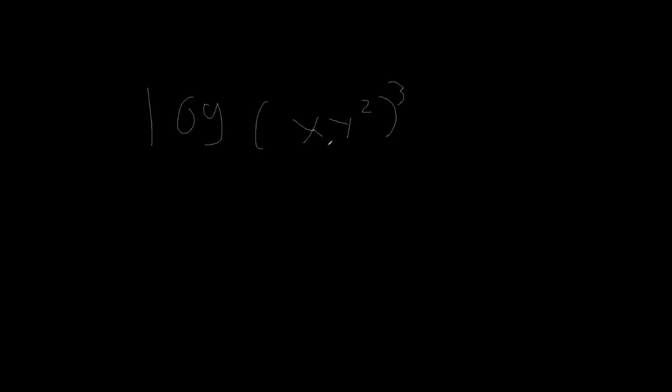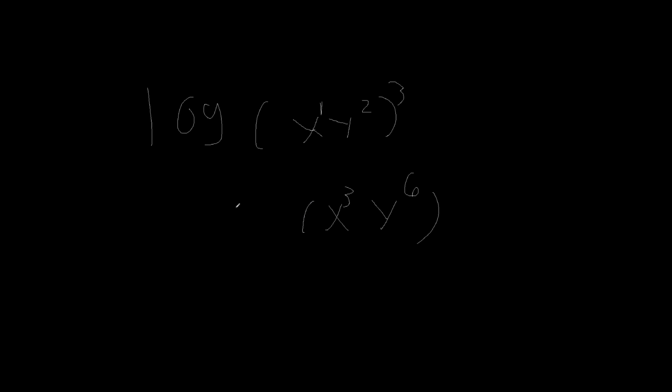Okay. Now, there's two things we have to keep in mind here. First of all, there's an invisible exponent here. So, remember, because we have a little exponent outside, we're going to multiply all the exponents inside. So, 3 times 1 is x to the 3. 3 times 2 is y to the 6.